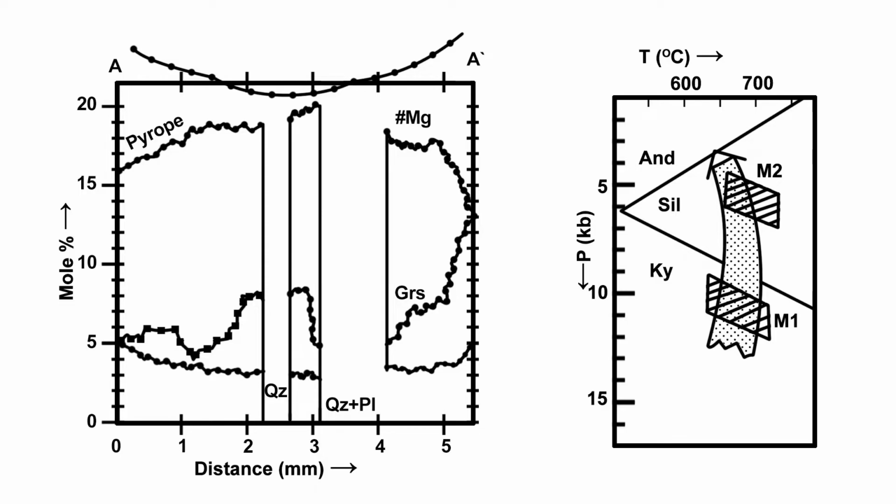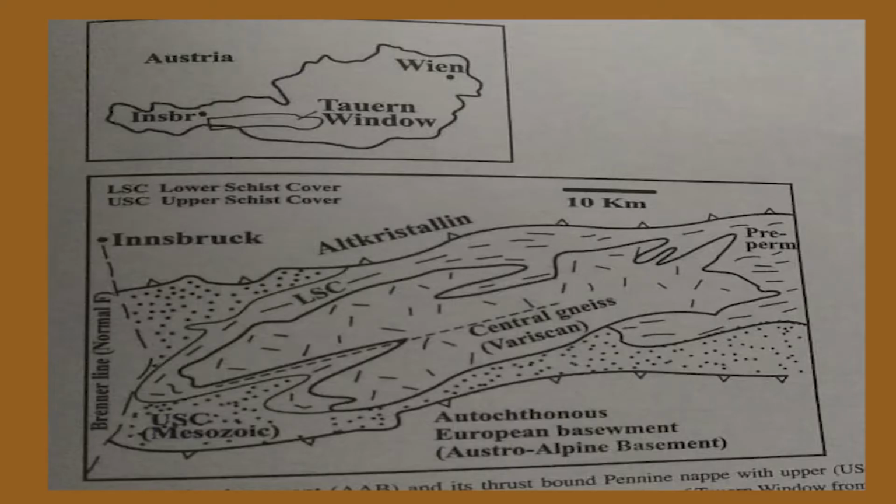They presented a method where the chemical zoning preserved in zoned garnet and plagioclase could be used to derive a metamorphic PT path. An illustrative case of pressure, temperature, time, deformation history in the Eastern Alps.